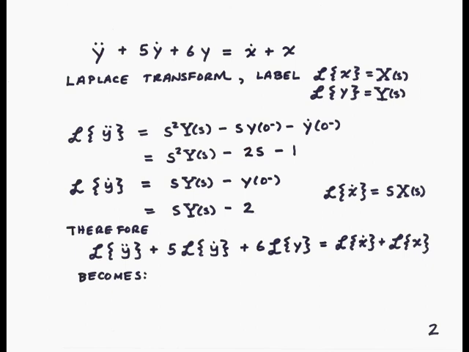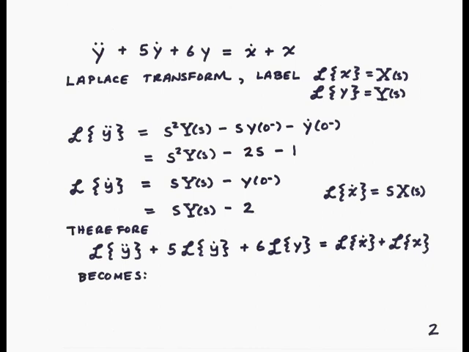Plugging in our initial condition, that becomes s times y of s minus 2. Now, the Laplace transform of x dot will be s x of s minus the initial condition, but the initial condition at time 0 minus for x is 0. So Laplace transform of x dot is simply s x of s.